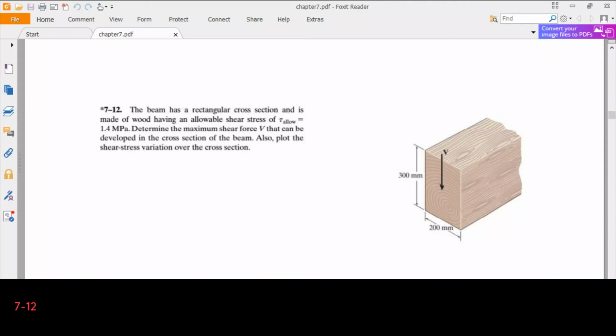Also plot the shear stress variation over the cross section. So we have a rectangular beam. The height is 300 millimeters, width is 200 millimeters, and we are asked for the maximum value of the V, since the allowable shear stress is given to us.